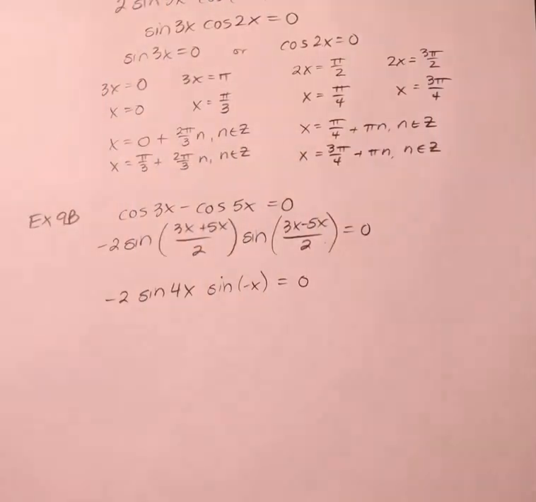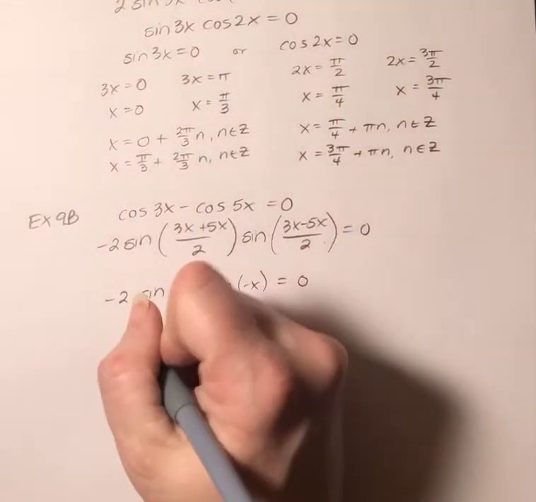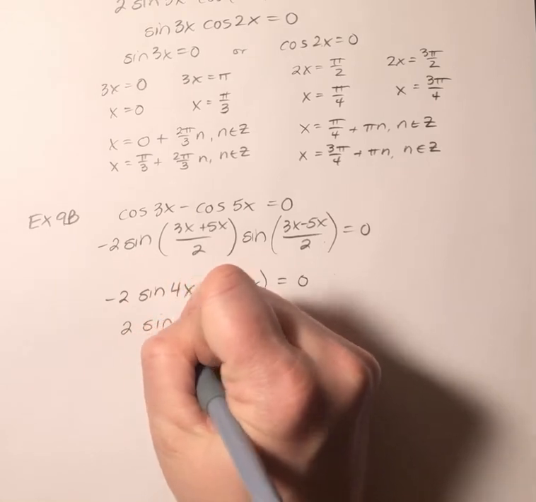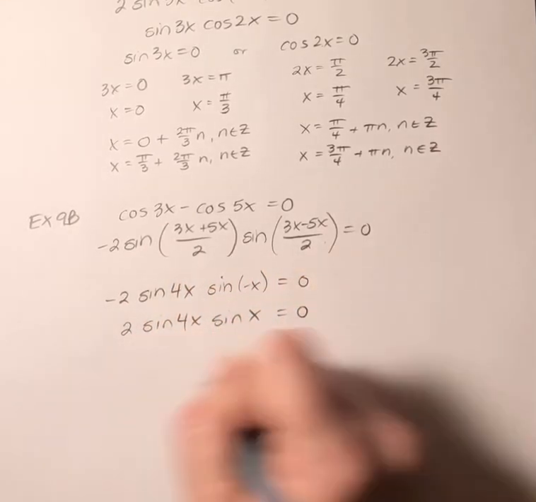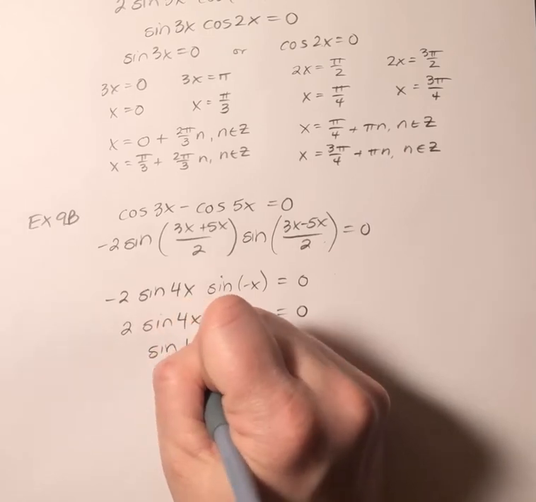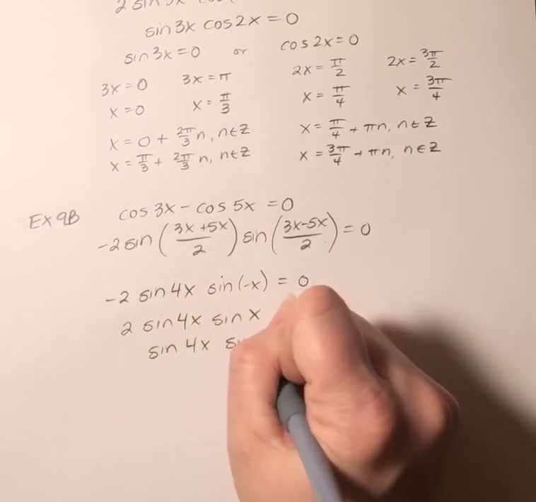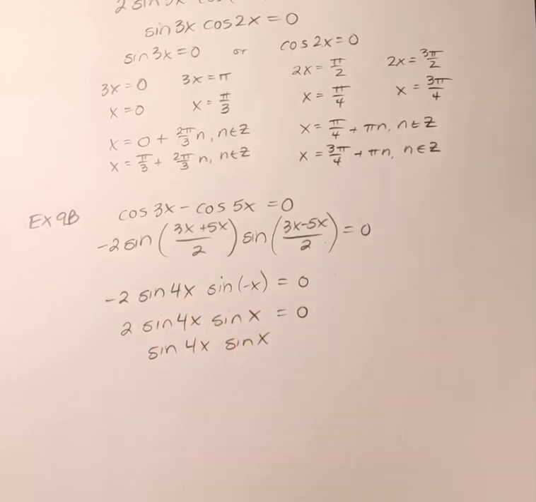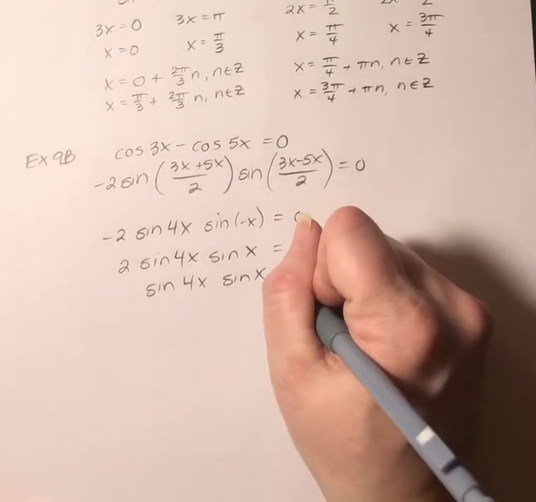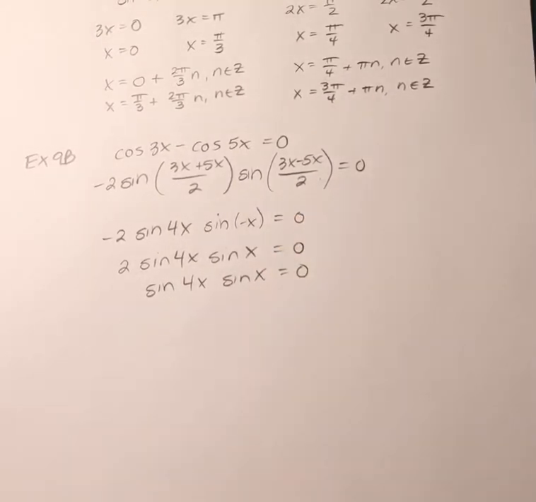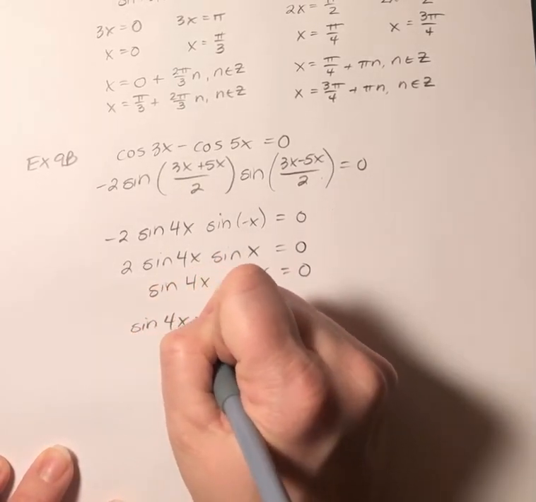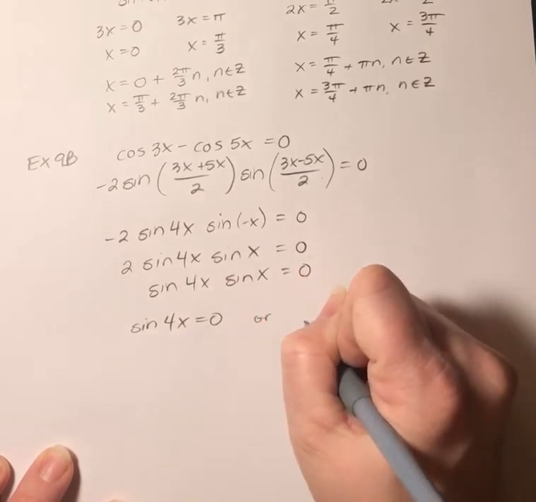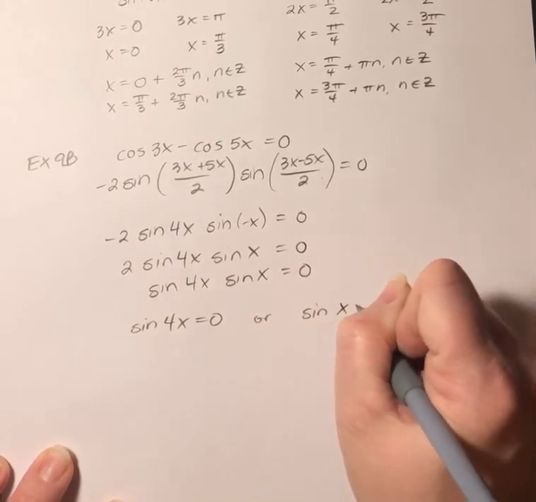So actually, before I do that, I'm just going to change this to 2 sine of 4x sine of x, and then I'll divide by 2. So again, I can use my zero product property. So sine of 4x equals 0, or sine of x equals 0.